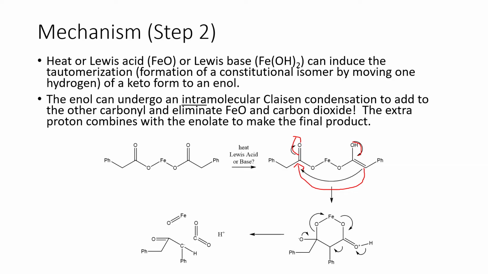So what'll happen is this negatively charged oxygen will come back to form a double bond. It'll break this bond, which in turn will break this bond. This hydrogen can come in to basically move this double bond and cause it to form here.